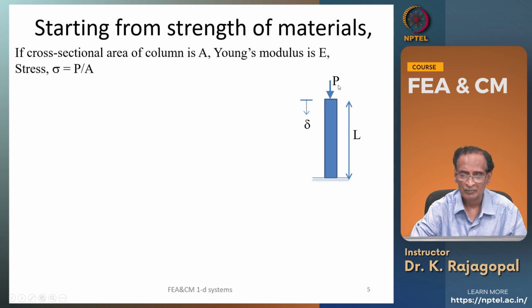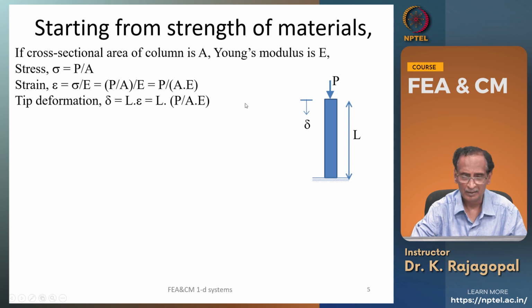We can determine the stress as the load divided by the area, P by A, and then the strain is the stress divided by the Young's modulus, so P by AE. And once we get the strain, the tip deformation delta is L times epsilon, where L is the length of the element. So, it is L times epsilon, which is PL by AE.